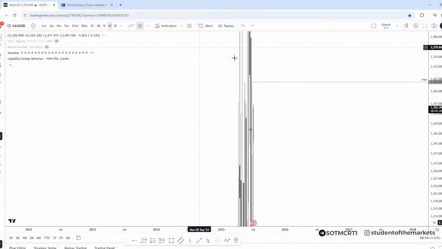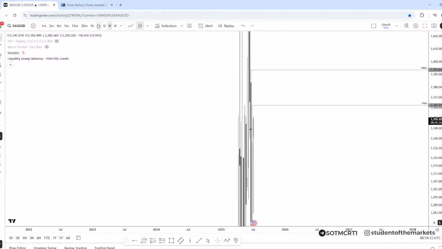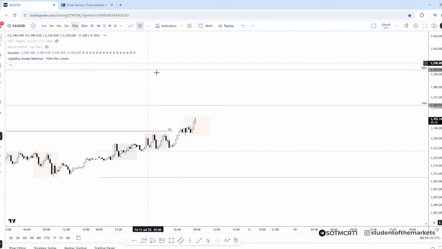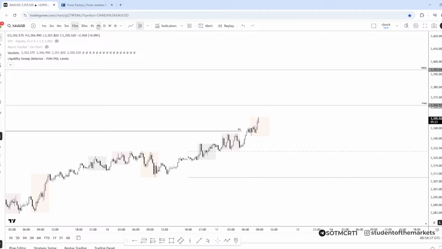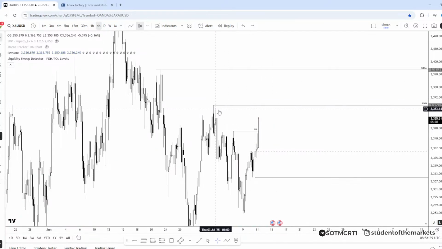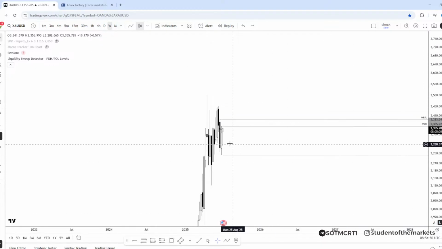So on the higher time frame, obviously, guys, we're pushing up. You may say we're bullish, and we are on the intraday. We're bullish, and we're pushing towards the buy side liquidity here, and then maybe we may even push to the weekly buy side liquidity, which is right here, and that would be the weekly CRT, right?